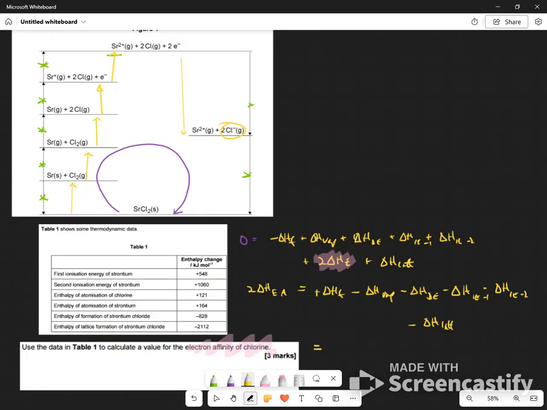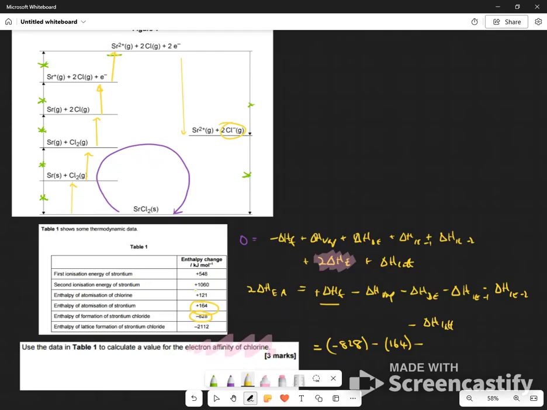So let's put the numbers in. Formation: I'm going to look at this now. This is plus this number, minus 828. Minus the vaporization, the atomization of strontium, minus 164. Minus the bond energy of chlorine.